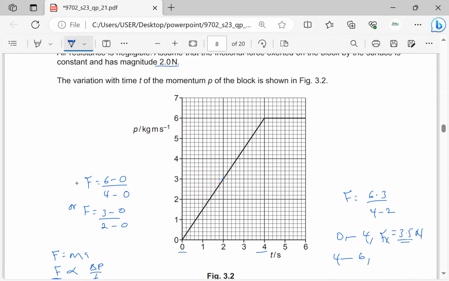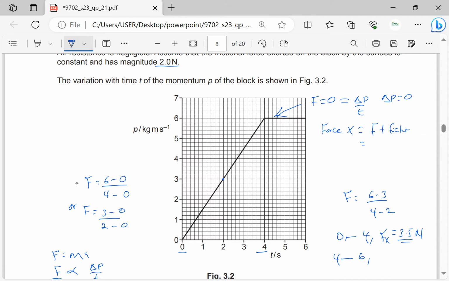So for a horizontal line here, force is going to be 0 because force is equal to change in momentum over time. And since the change in momentum is equal to 0, the resultant force is going to be 0 here. So it means force X, remember force X is equal to the resultant force plus the friction.